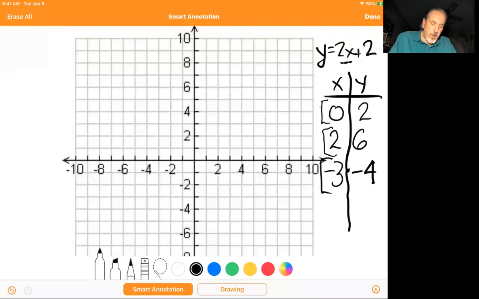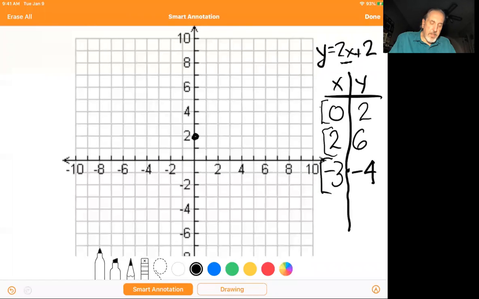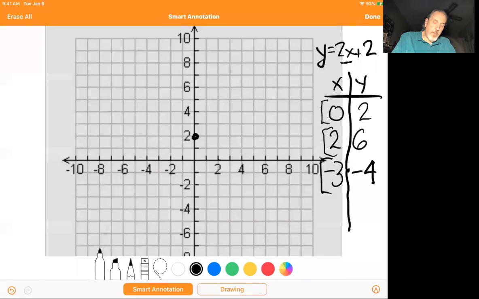So again, starting at the origin, graphing the first point, 0, 2, I don't move left or right, and then I go up 2. So there's my first point. My second point, 2, 6: starting at the origin, I move 2 units to the right, and then go up 1, 2, 3, 4, 5, 6. There's my second point.